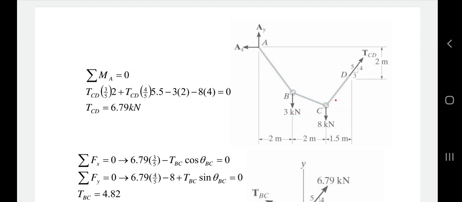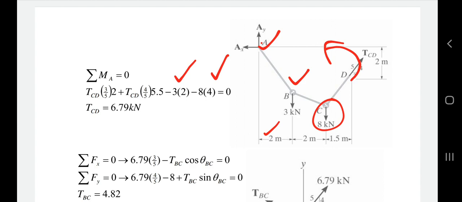Then there's the load 8 that is multiplied with 4, and the load 3 that is multiplied with the distance 2. And again, recalling the sign notations, here if you see up on point A, it has taken the counterclockwise moments positive.